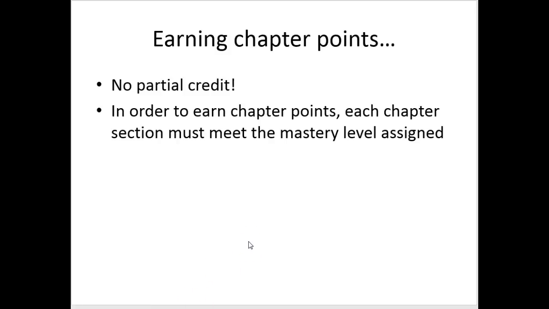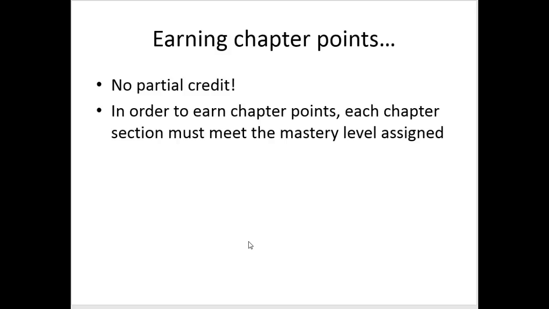Okay, I also cannot emphasize this enough. This is another big sticking point and another complaint that I get a lot from students who are delayed in getting started or don't keep up with this section. They oftentimes say, well, I got 2 sections up to the mastery level, but I didn't have time to do the other sections. So why can't I get partial credit?